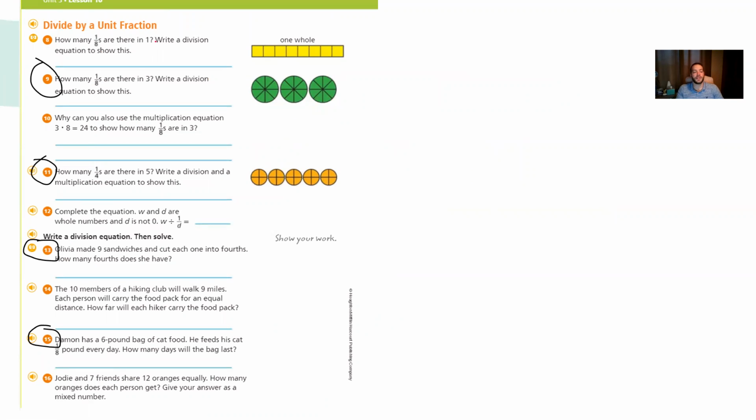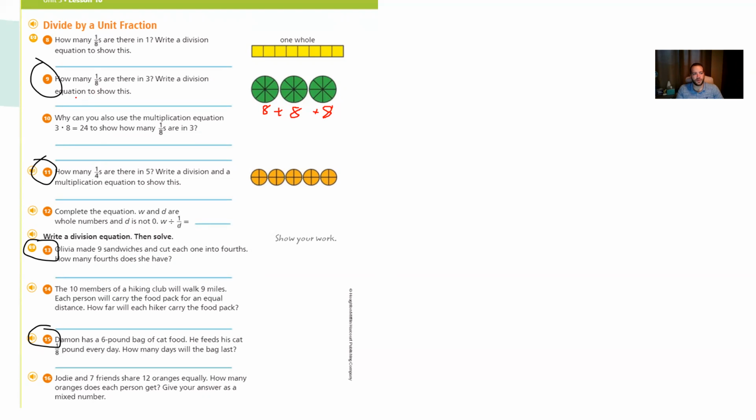Number 8 we'll work on together. Let's look at number 9. How many 8s are there in 3? Well, how many 8s are there in 1? 8. How many 8s are there in 2? 8. How many 8s are there in number 3? 8. So how many are there total in 3 wholes? Well, what's 8 plus 8 plus 8? 24.